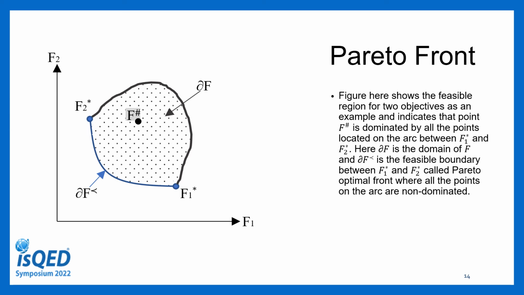The region between F1 star and F2 star is called the Pareto optimal front, where all the points on this blue arc are non-dominated, and they are considered as the best optimum values.